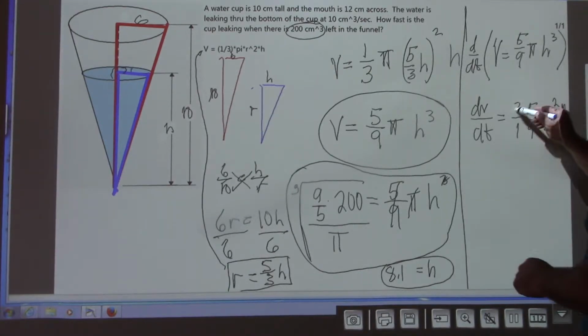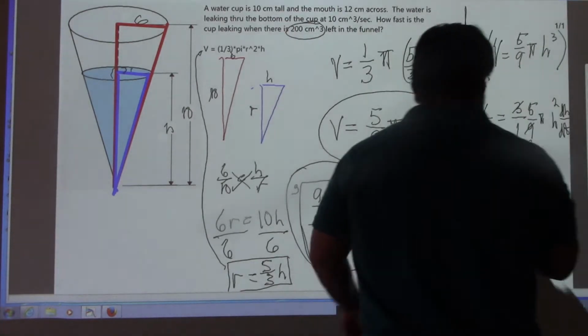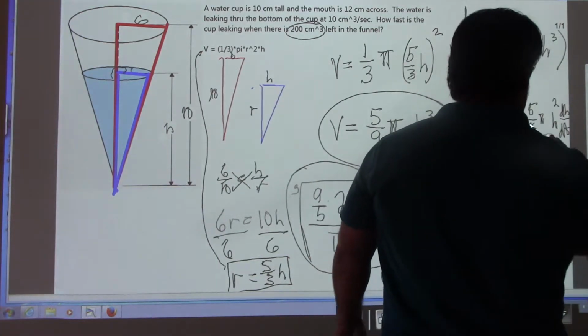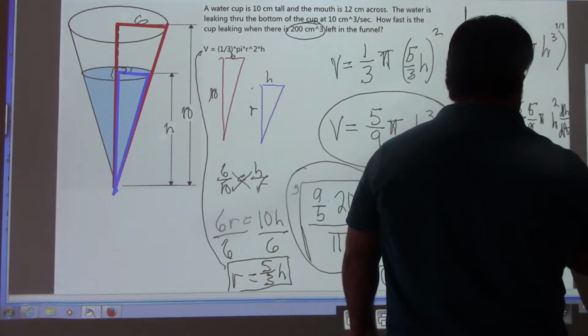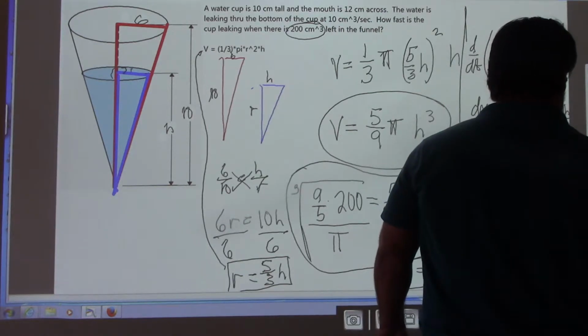The 3 will cancel with the 9, so that's 5 pi over 3. So dV/dt is equal to 5 pi over 3, H squared dH/dt.